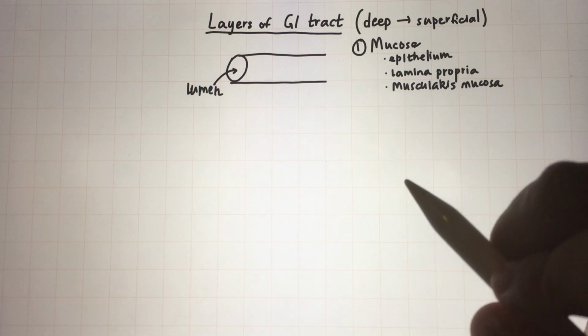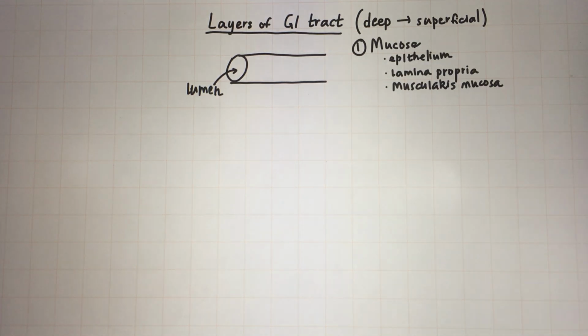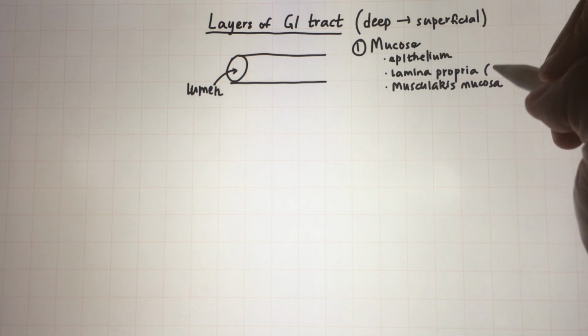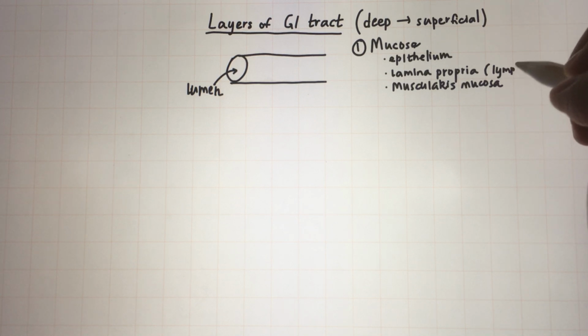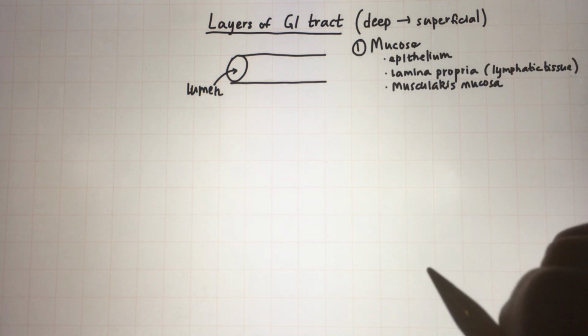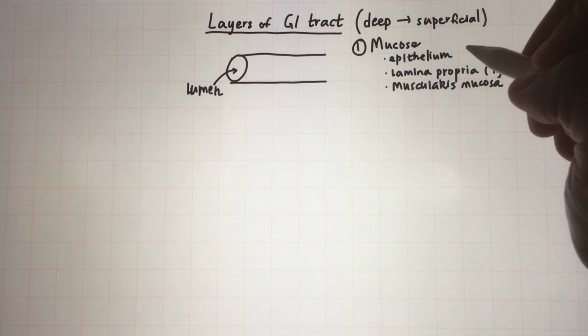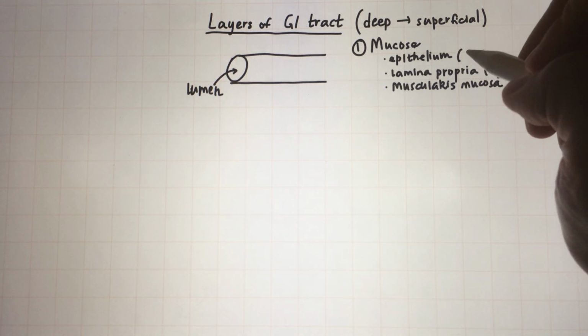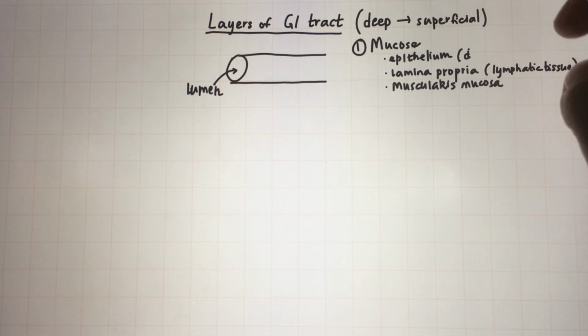Lamina propria contains some lymphatic tissue. And the epithelium of the mucosa has pores and ducts of the underlying glands.